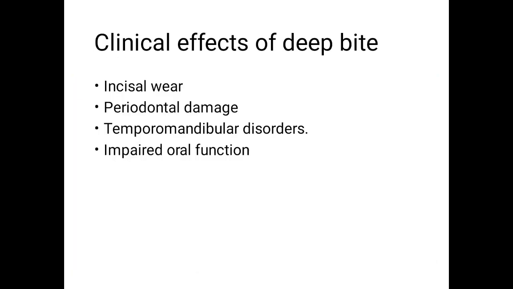And clinical effects of deep bite. Of course, deep bite comes with issues, especially incisor wear and periodontal damage in traumatic deep bites, like explained earlier, and also deep bite because of that excessive curve of Spee. Usually, patients with deep bites tend to have mandibular issues.